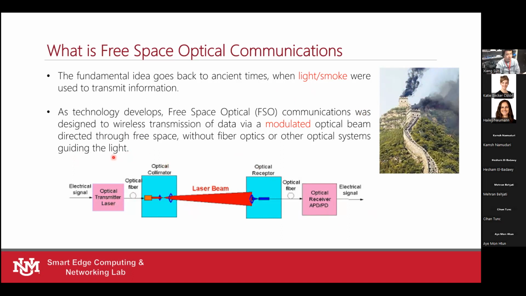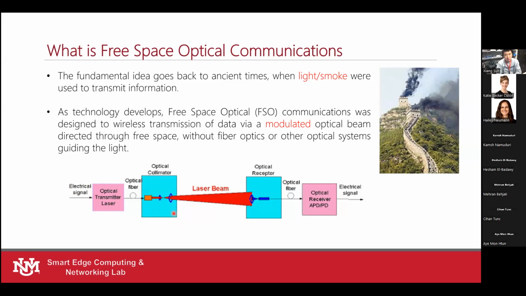In general, we have an FSO transmitter and an FSO receiver. First of all, the electrical signal is the input of the optical transmitter, which converts the electrical signal into a modulated optical signal. The very basic modulation scheme is on-off keying, which means that the absence of the optical beam indicates bit zero, and the presence of the optical beam indicates bit one.